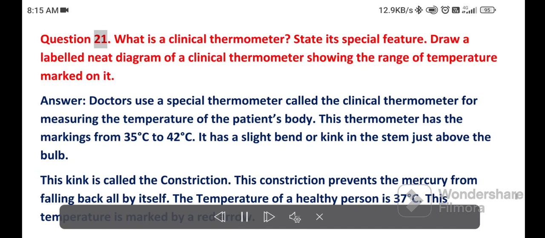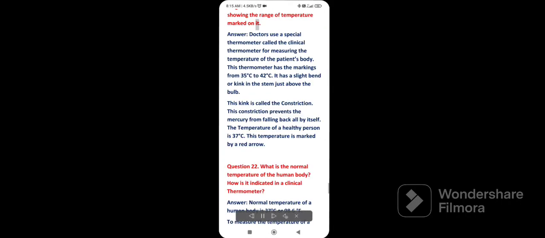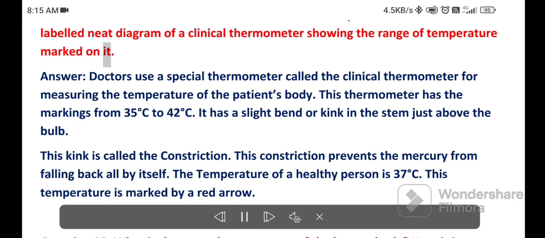Question 21. What is a clinical thermometer? State its special feature. Draw a labeled neat diagram of a clinical thermometer showing the range of temperature marked on it. Answer.